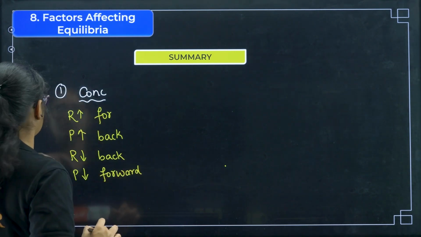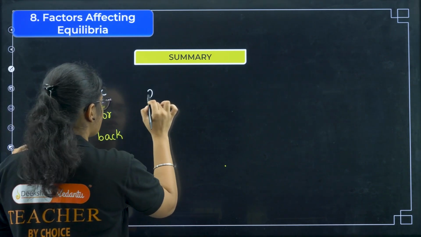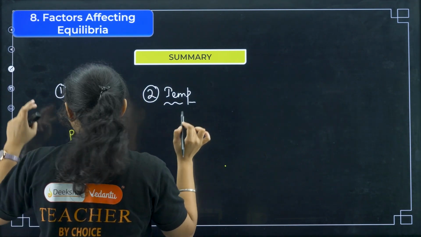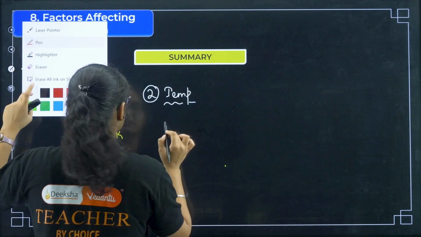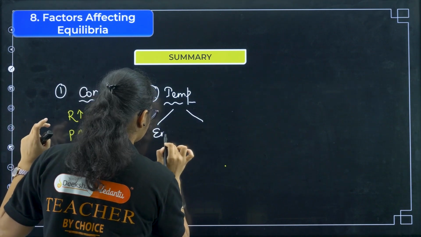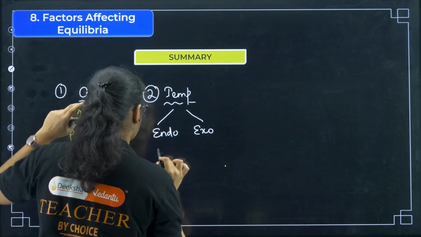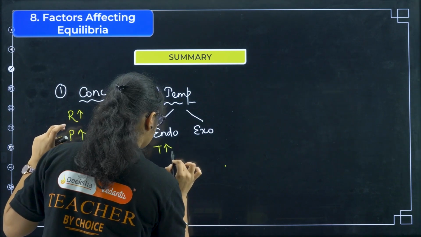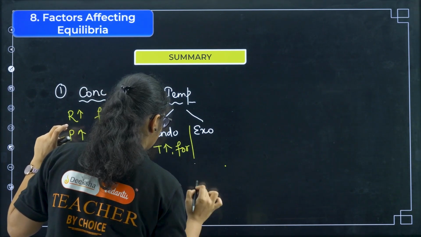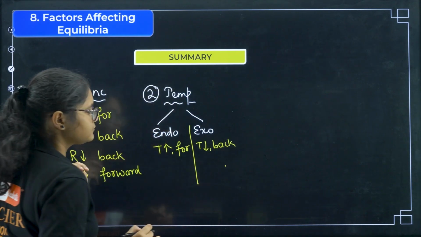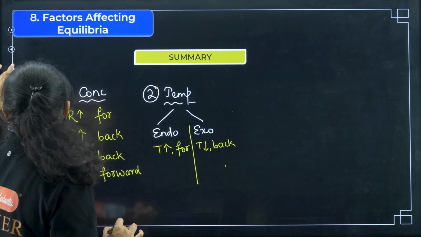Okay, this is about concentration. Next factor is temperature, right? For temperature you should know we have two things, endothermic and exothermic. For endothermic, if temperature increases then it is the forward reaction, and if temperature decreases then it is the backward reaction. Okay, clear this one.